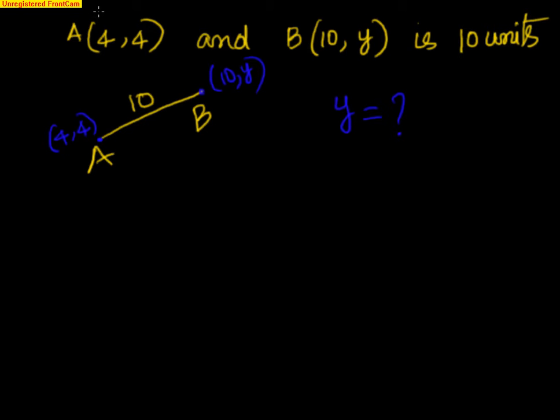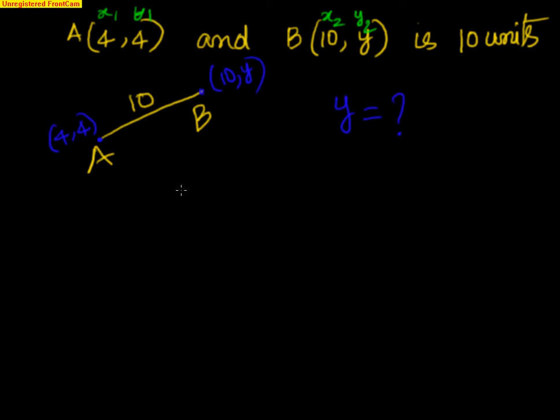Or you can remember it as the distance square is the sum of horizontal distance square plus vertical distance square. So without confusing you more, let's go ahead and resolve this.